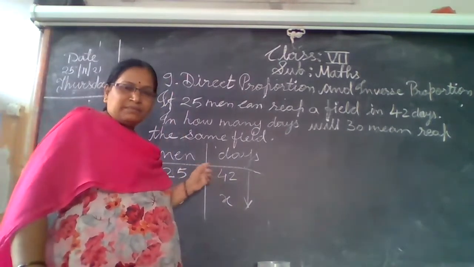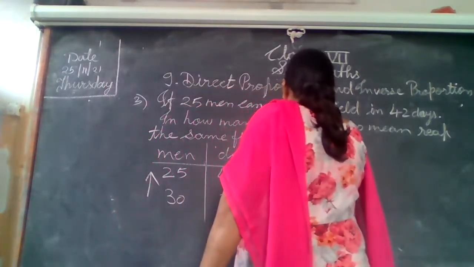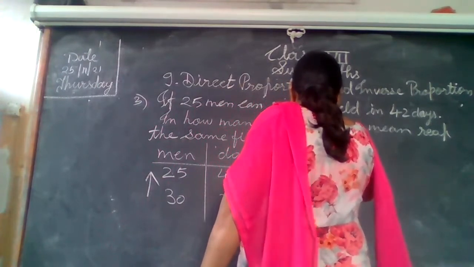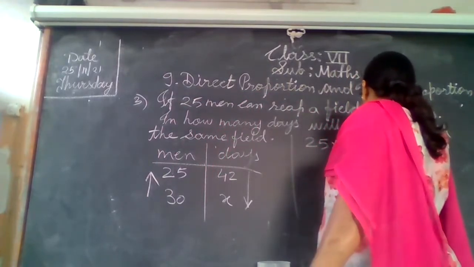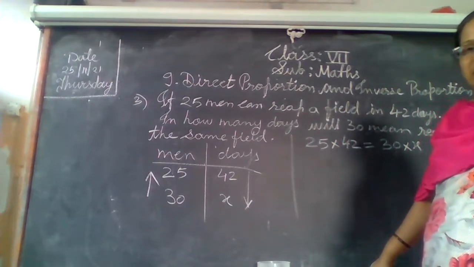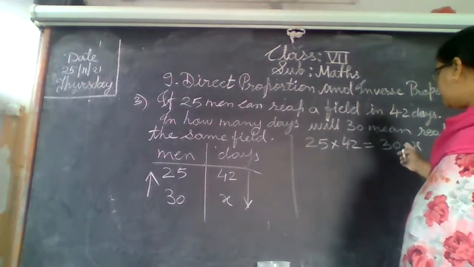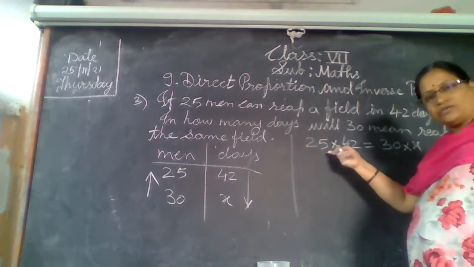That's why we multiply side with side. 25 multiplied by 42 is equal to 30 multiplied by X. See children, it becomes a simple linear equation. So we shift this multiplication by 30 to this side, where it goes on division.